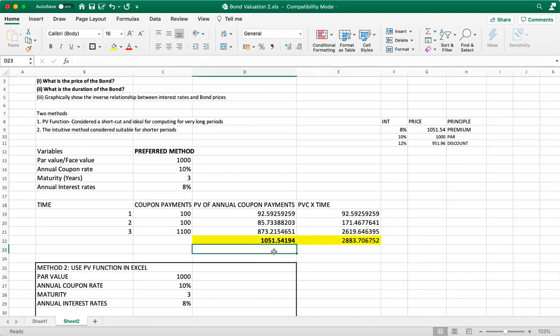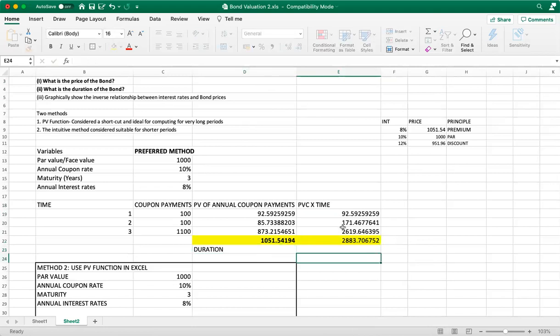Now for you to get duration, yeah, it is summation of PVC times T over summation of PVC alone. So it is 2883.70 divided by the price of the bond, 1051.